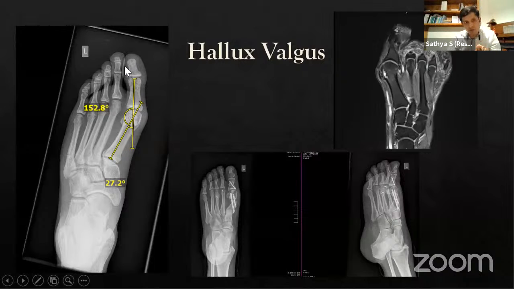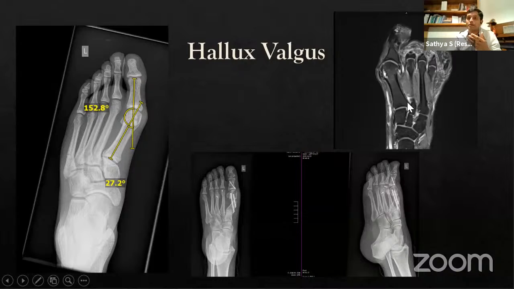The second toe wants to go under the first, and the first toe wants to go under the second toe. The angulation is more than 15 degrees, nearly 27.2 degrees there. This shift is happening at the metatarsal level and not at the metatarsophalangeal joint. The metatarsophalangeal change is the sequela, or secondary effect, of the primary change in the first metatarsal.